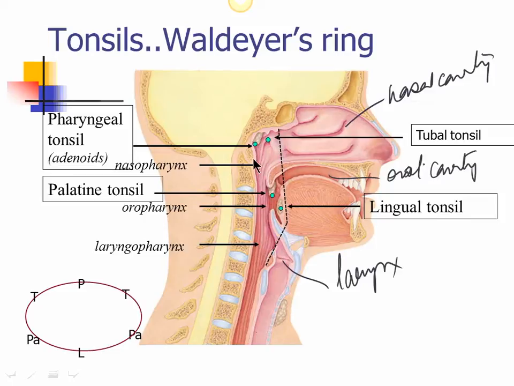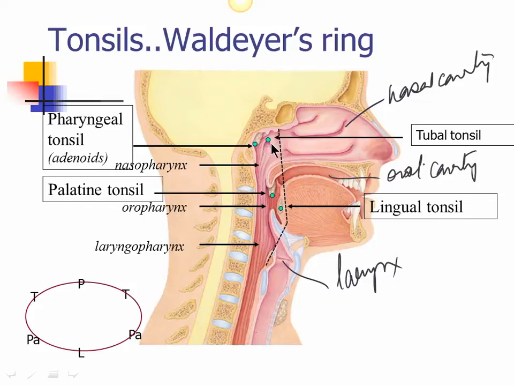This part which is behind the nose is known as nasopharynx. This part which is behind the oral cavity is called oropharynx. And this part which is behind the larynx is called laryngopharynx. So it automatically tells you what it is behind. And notice here in the nasopharynx, you can see these are the two tonsillar tissues that I'm trying to show you.